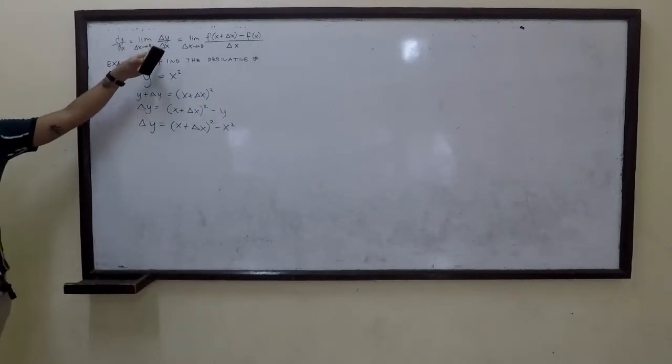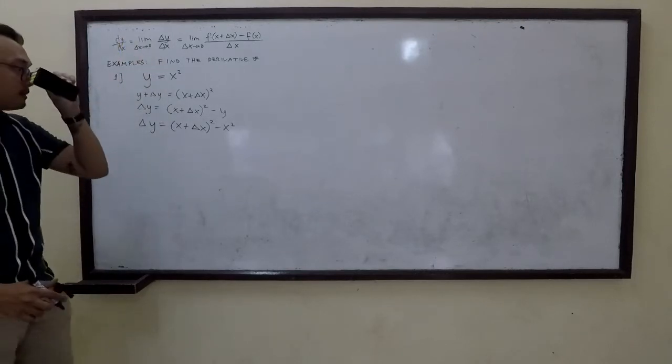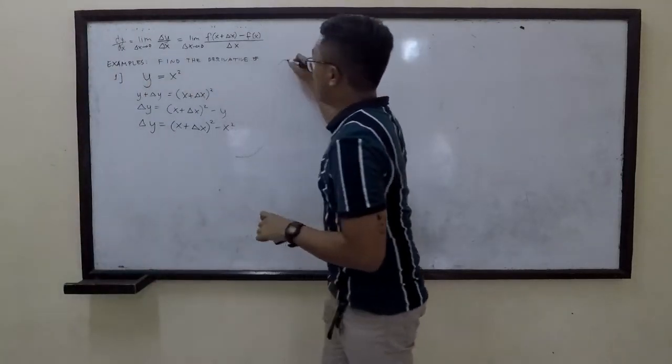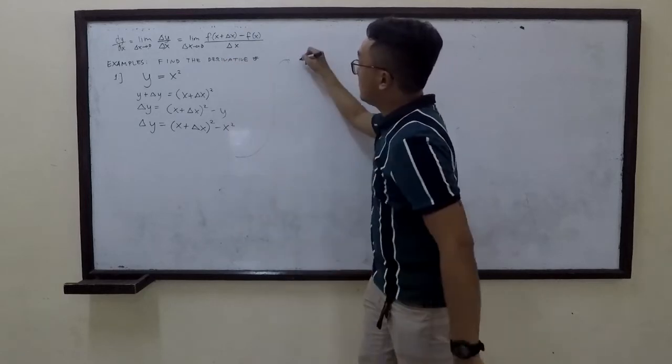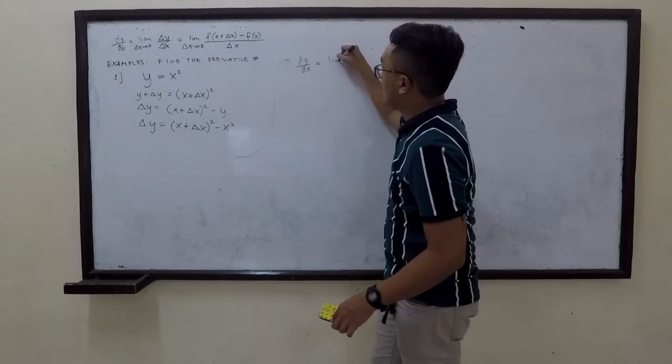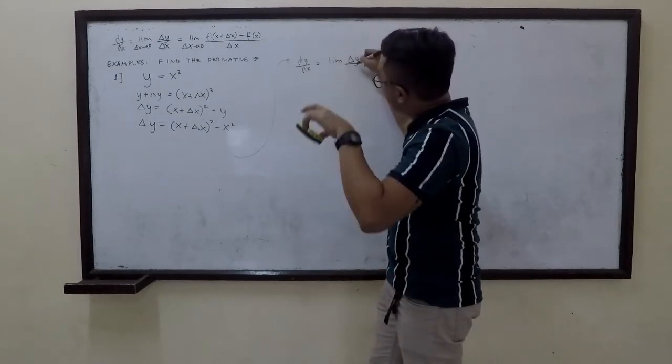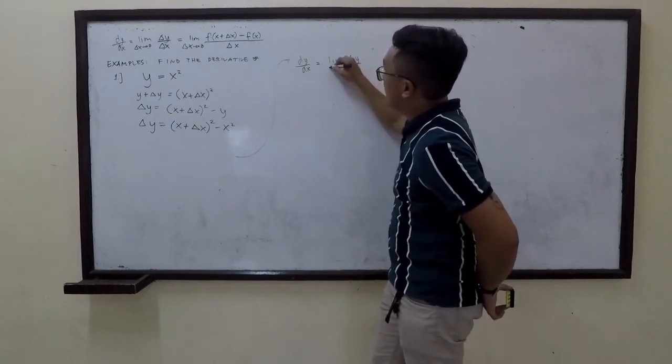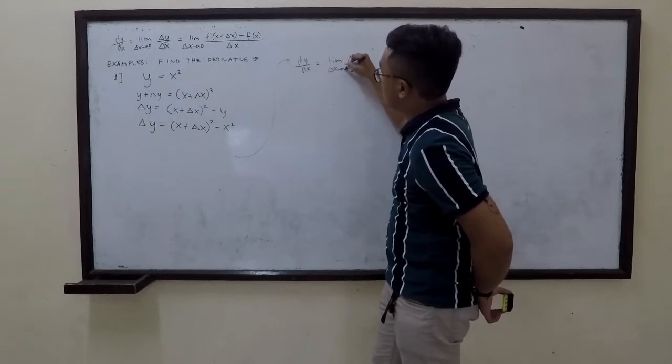Delta x stays as is. Now we can proceed using the formula. So the derivative of y with respect to x is just the limit of delta y over delta x as delta x approaches 0.